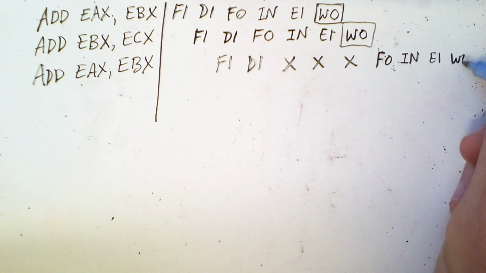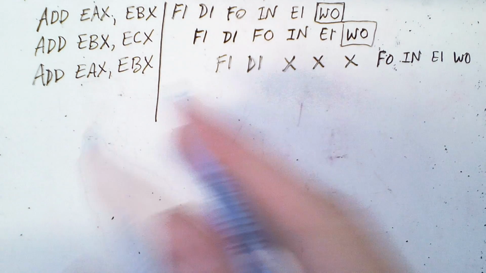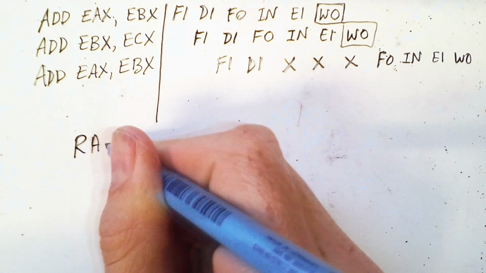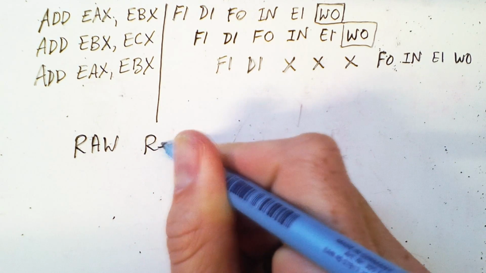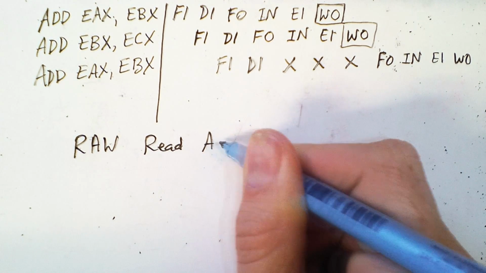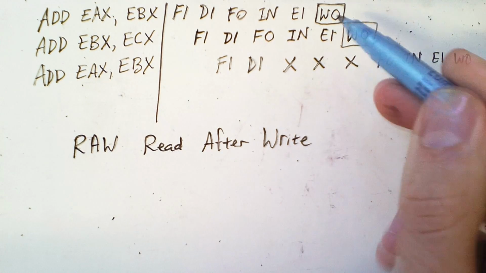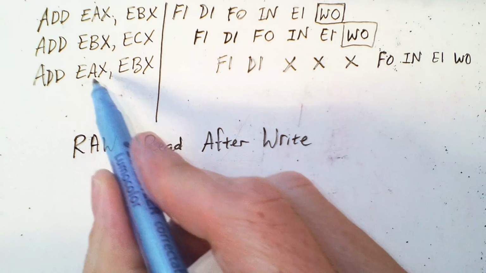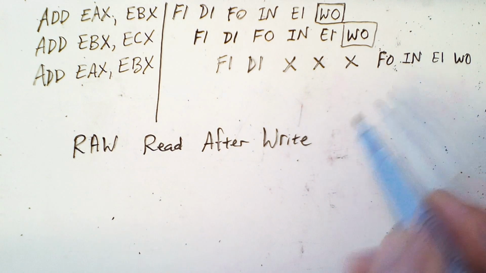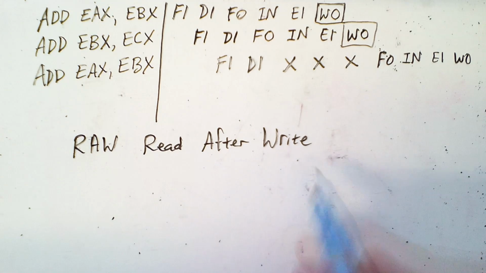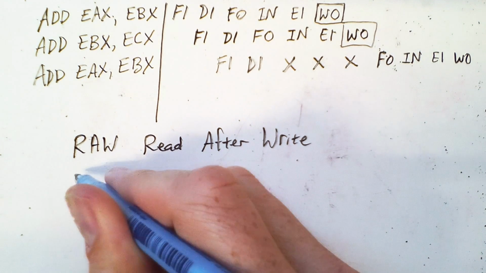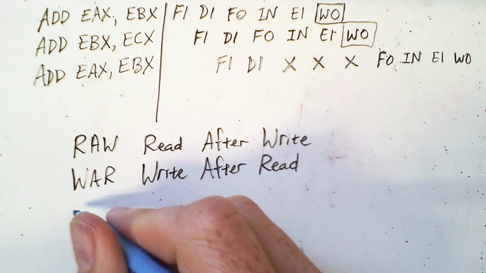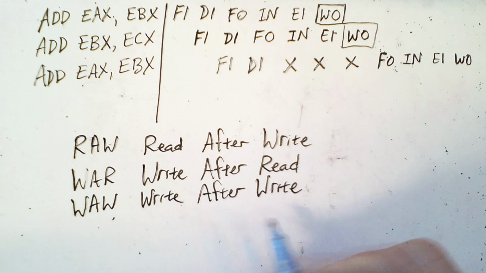This specific data hazard is an example of a RAW hazard, or a read after write. You see that each of these registers were written to here, and the read occurs directly after it. So we have a read after write hazard. Other possible hazards include write after read and write after write.